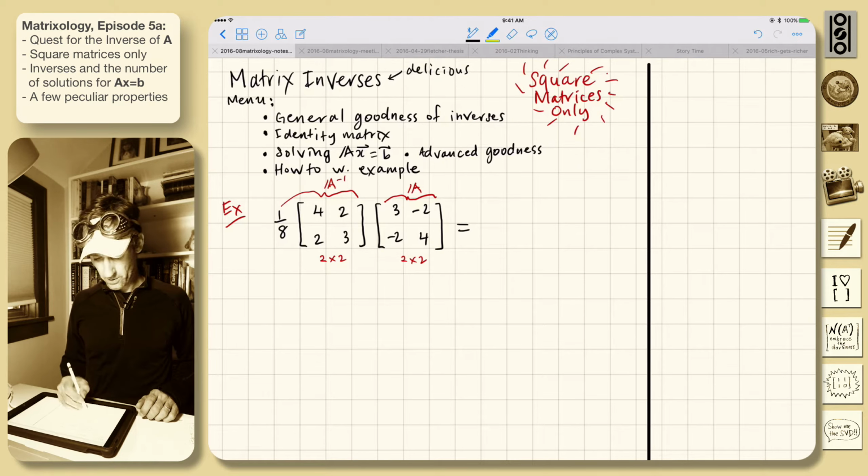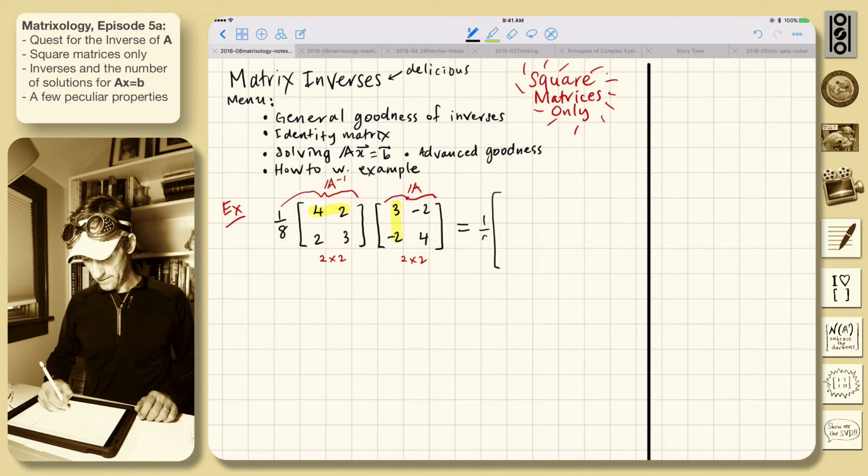So let's just do our normal dot product, or inner product, multiplication. I'll leave the 1/8 out the front. So there's 4 times 3 plus 2 times minus 2. That's the first piece. Then over here we have 4 times minus 2, plus 2 times 4.